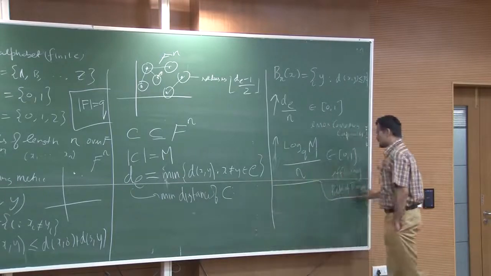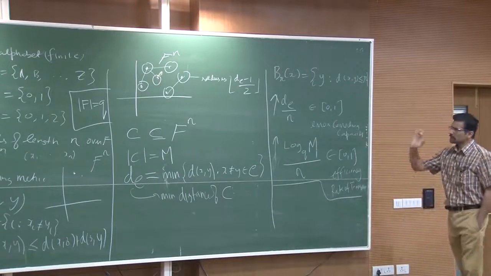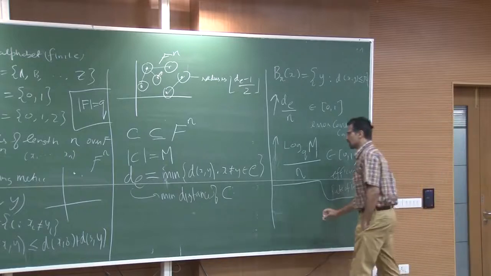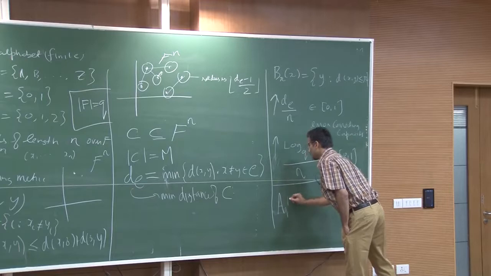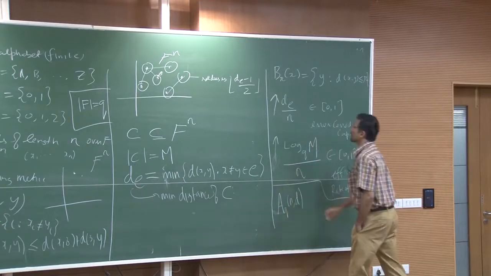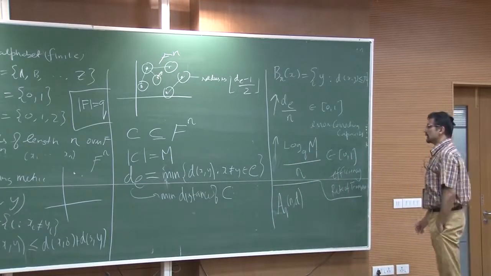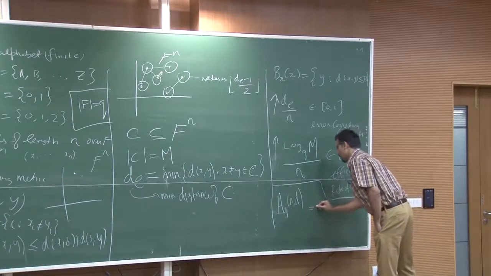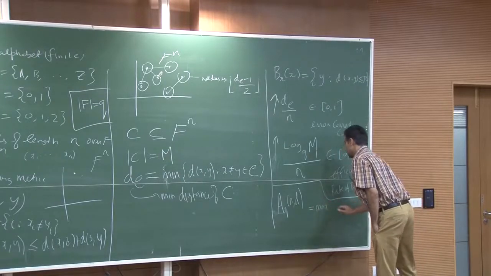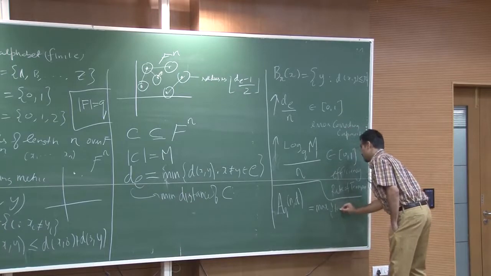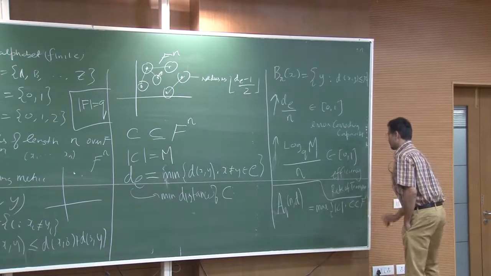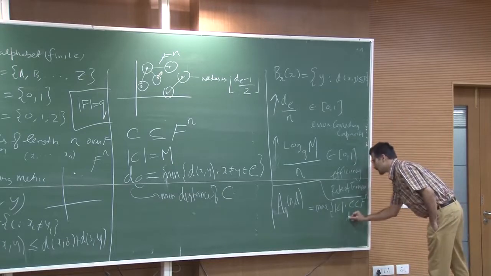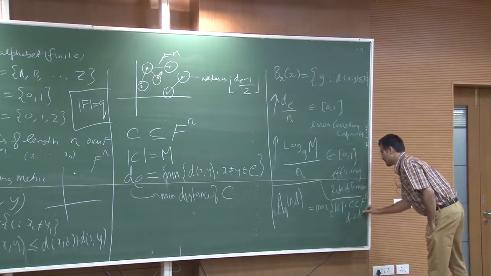I will switch gears now, but let me just put down one definition here. A_q(n, d) is the max of mod C such that C is a subset of F_q to the n and the minimum distance d(C) is greater than or equal to d.